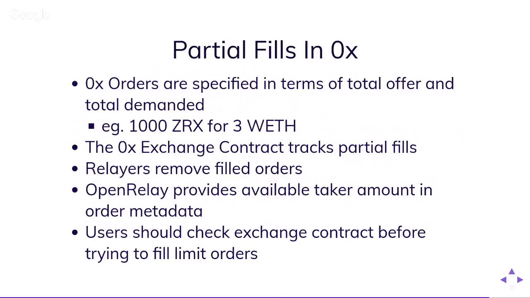So in addition to telling you that this is an order of 1,000 ZRX for 3 wrapped ether, if, for example, somebody had already bought 1 wrapped ether worth of ZRX, we are going to tell you that there are 2 wrapped ether worth of ZRX available in this order. And we are going to include that in the metadata with the order when you query our order book.